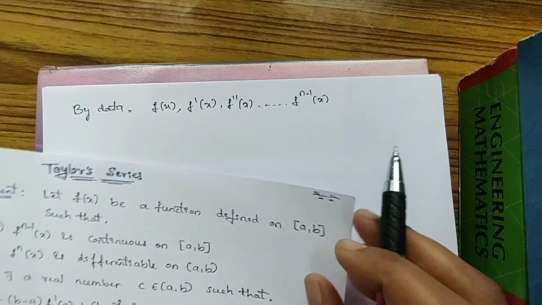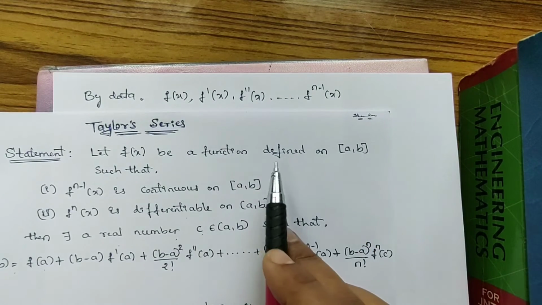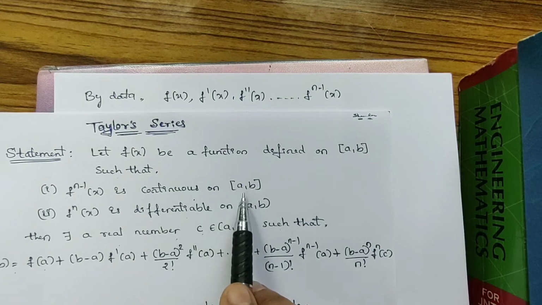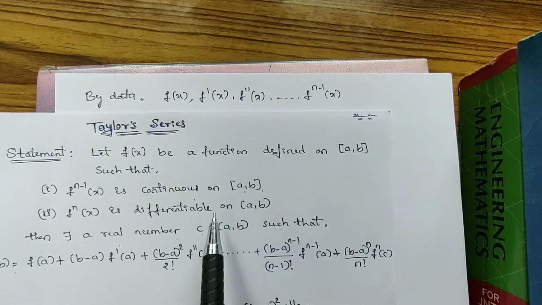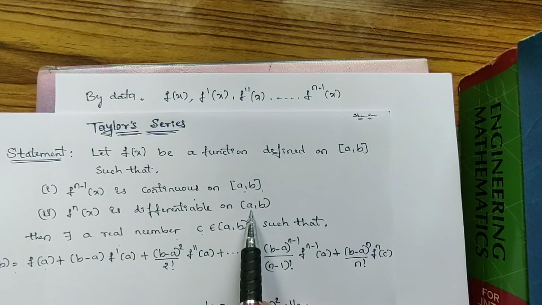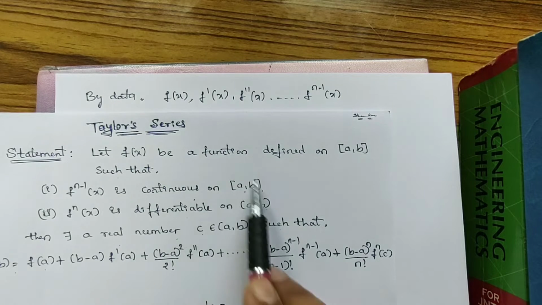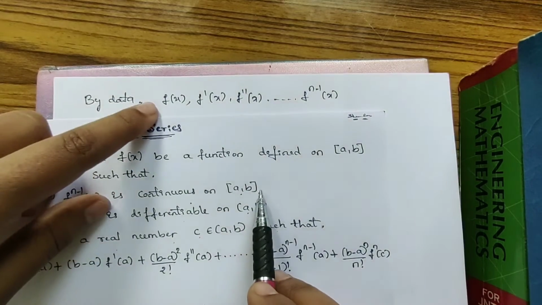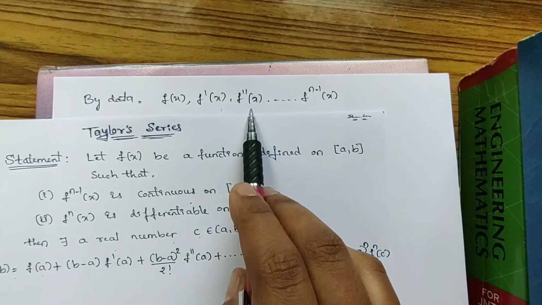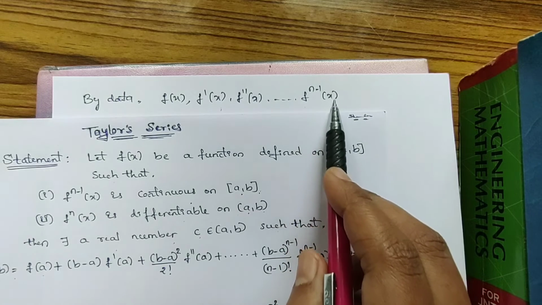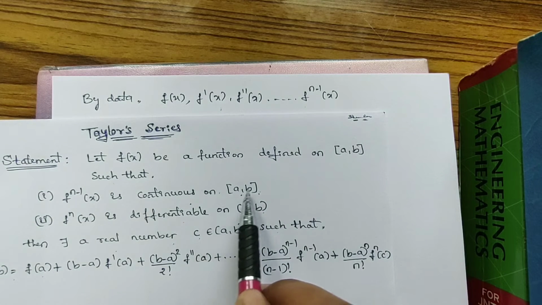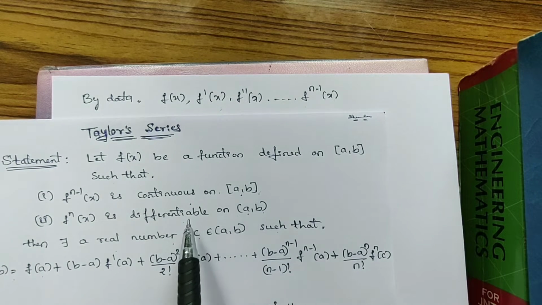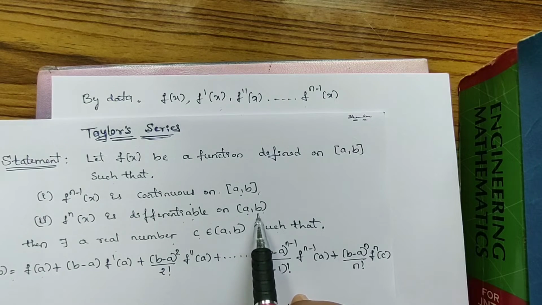These are all defined and continuous on the closed interval a comma b and differentiable on the open interval a comma b. The statement says that f of x, f dash of x, f double dash of x and so on up to f power n minus 1 of x are all continuous on the closed interval a comma b and differentiable on the open interval a comma b.